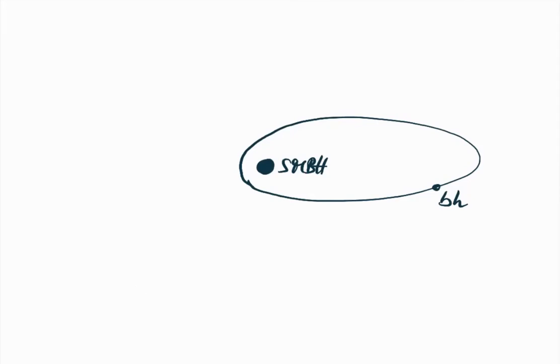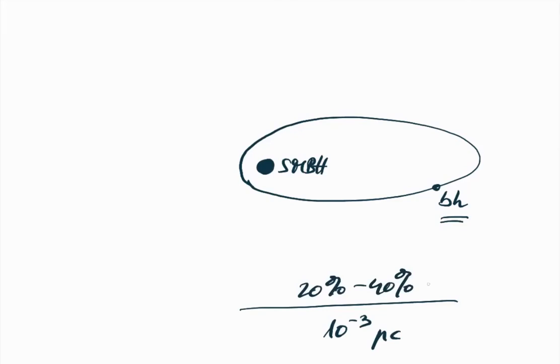At this kind of length, because we're talking about milliparsecs, 10 to the minus 3 parsecs usually, and with this kind of masses, the small black hole is going to be moving at a relative speed of about 20 to 40% the speed of light around the supermassive black hole.